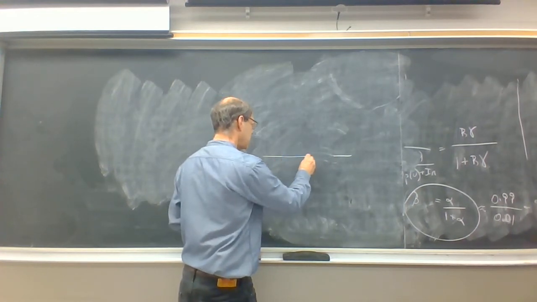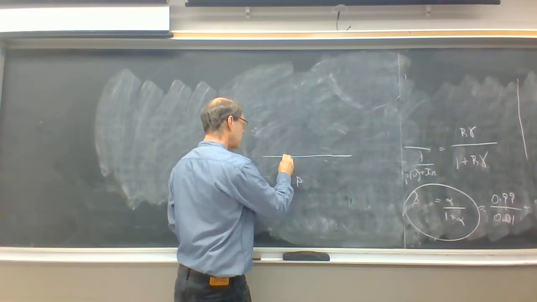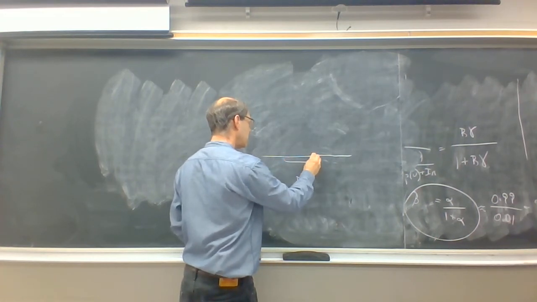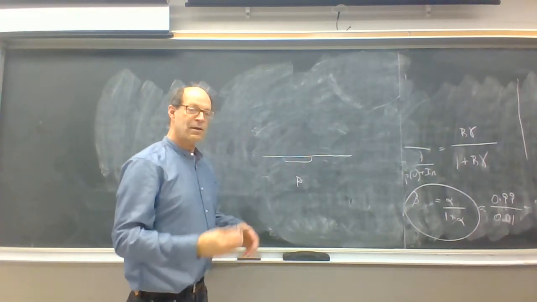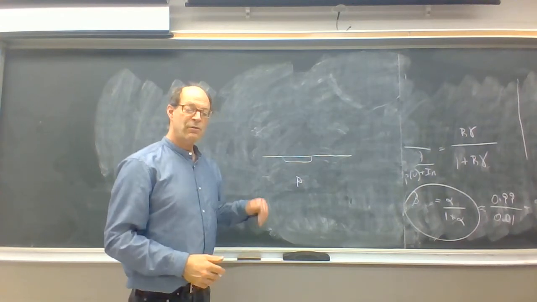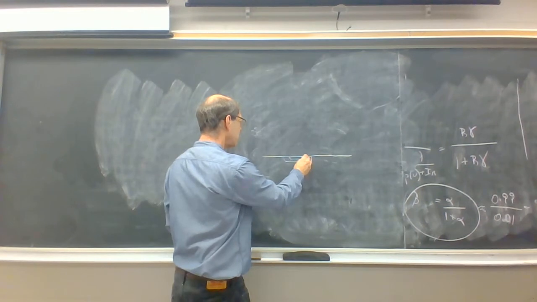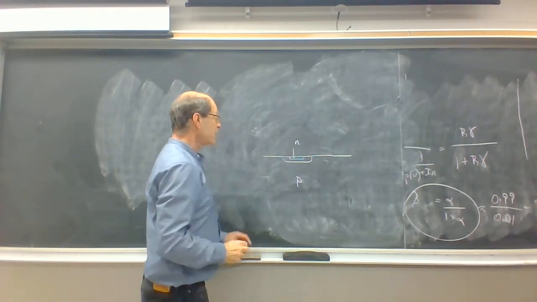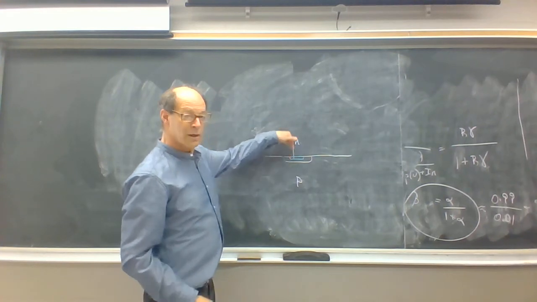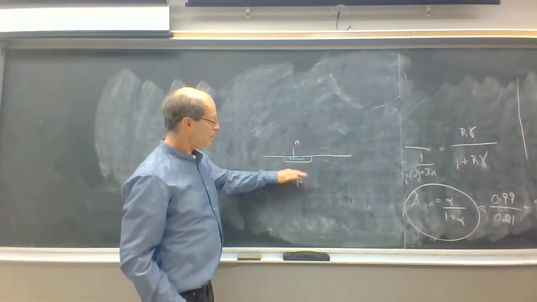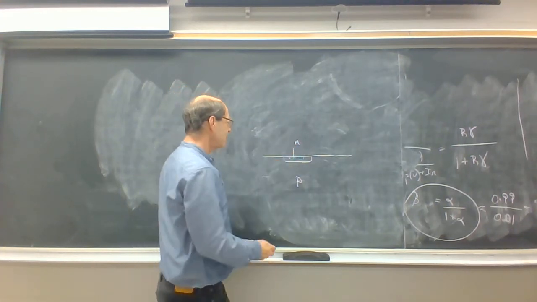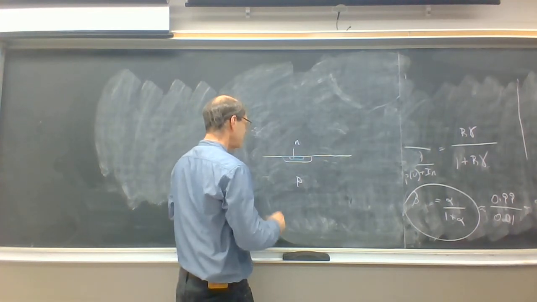So I could take a p-type substrate, I could create an n-type region, and then I could do a second diffusion step. Let me try this again.